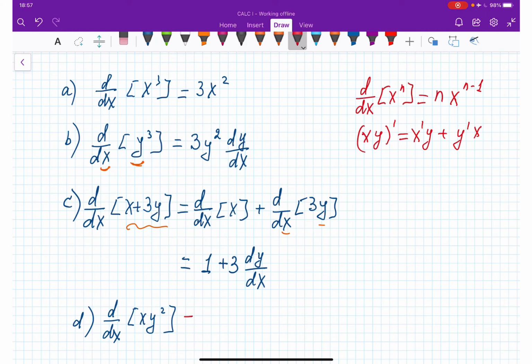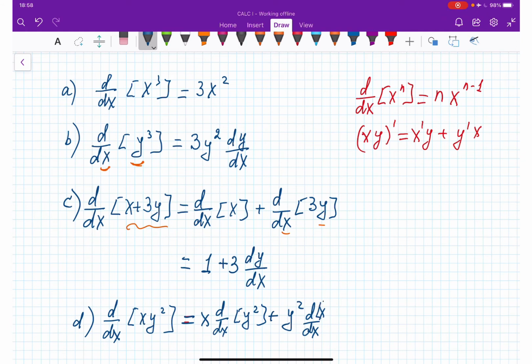It's going to be x times the derivative of y squared, and then plus y squared times the derivative of x, right?